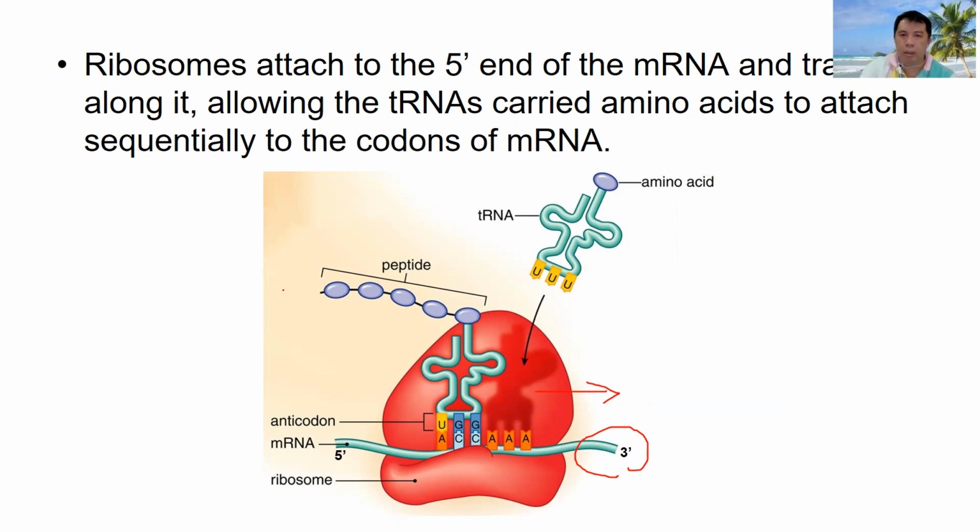So the sequence of the codons determines the sequence of the amino acids. This is the first amino acid, this one the second, and so on.